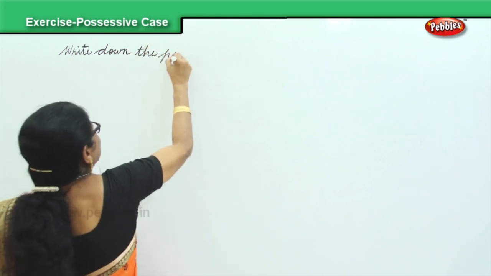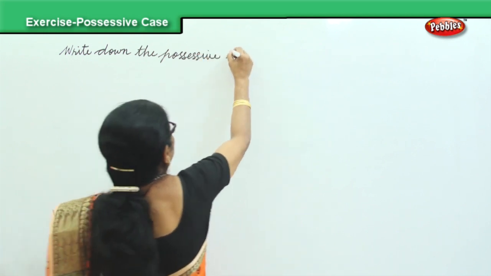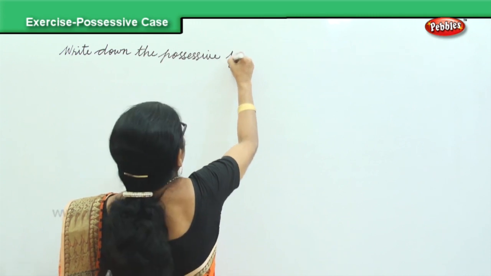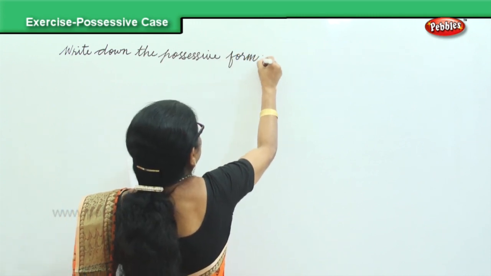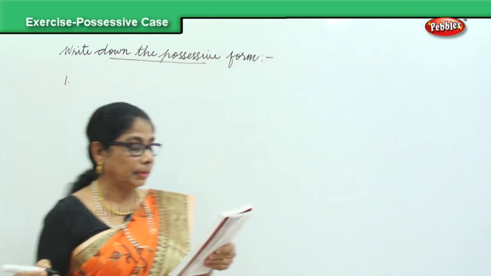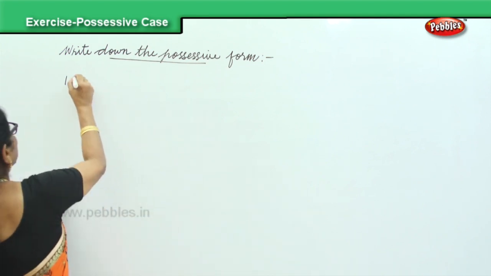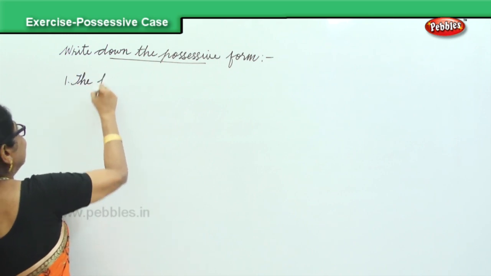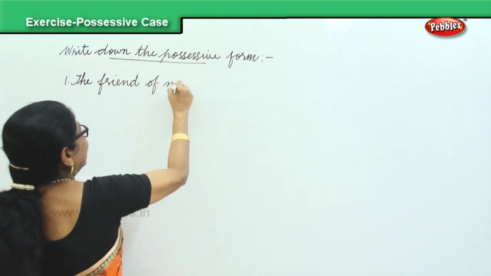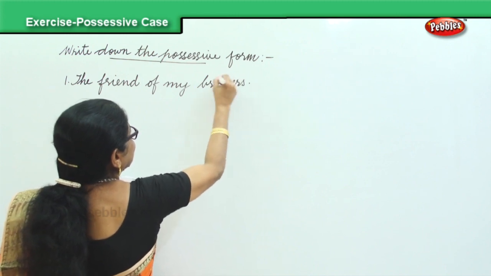Write down the possessive form. Now, the friend of my brother. How will you write? The friend of my brother.